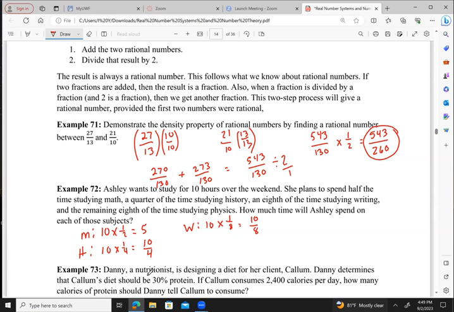And the remaining eighth on physics. And we know that this is also 10/8. If we were to add all those up, we should get 10 full hours. So this is 20 over 8, and this is 40 over 8. If I take 40 plus 20 plus 10 plus 10, divide that by 8, I have 80 over 8, which is 10. So we got it right.